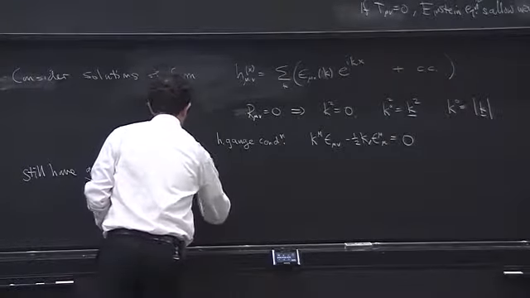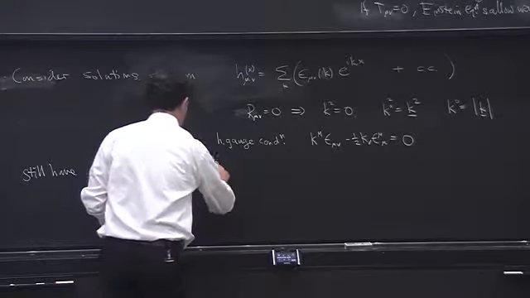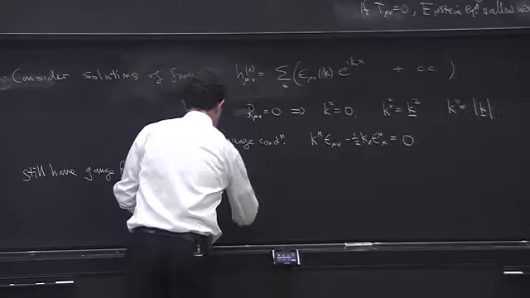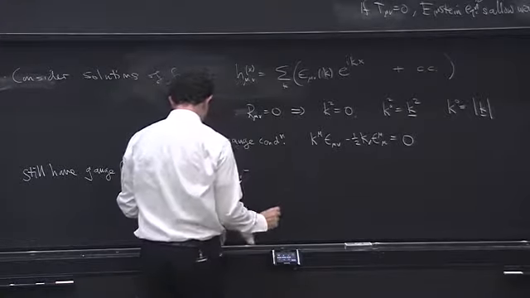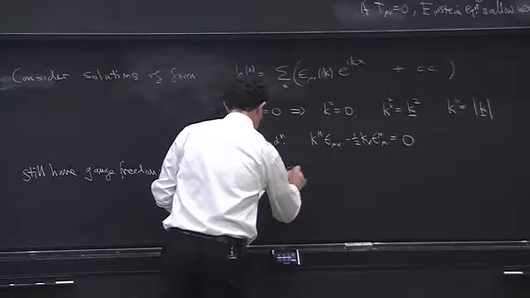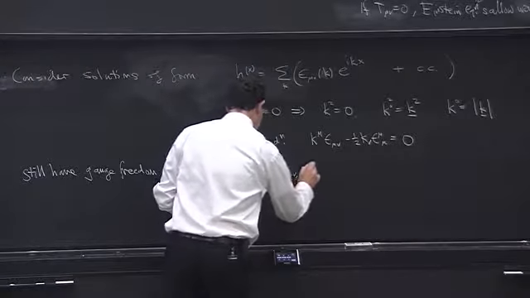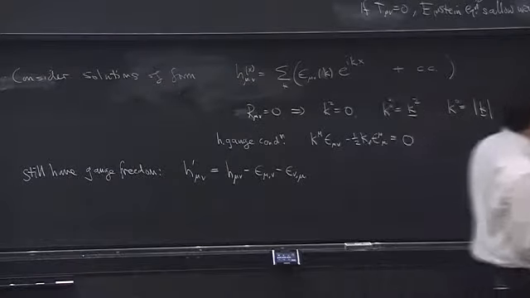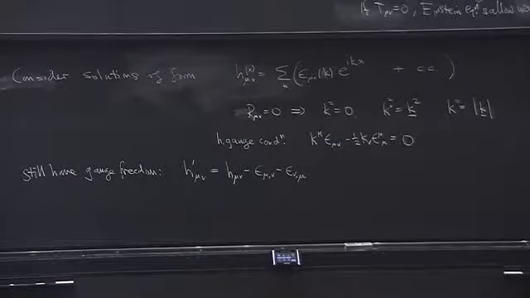So if I remember, under a coordinate transformation, the metric changes by this form. Now let's see, we should be able to read that off the Lie derivative.